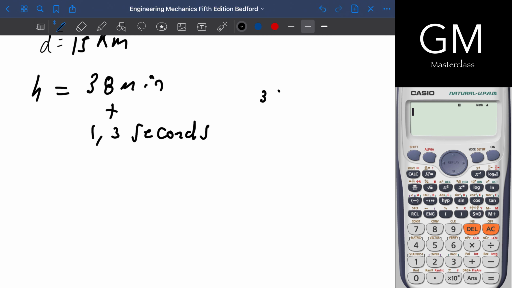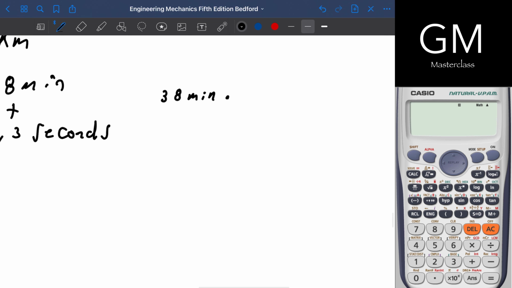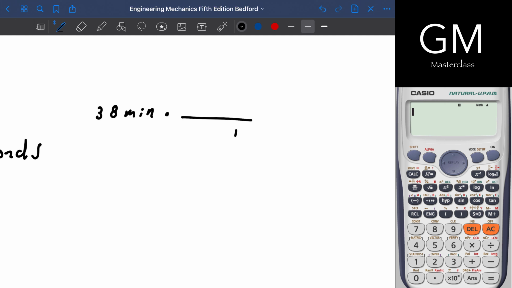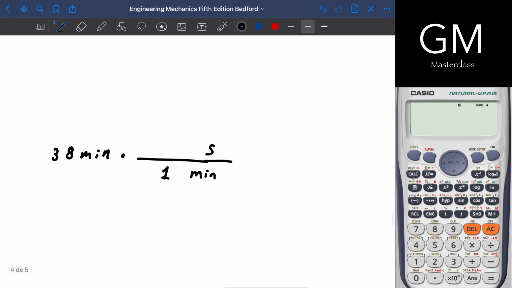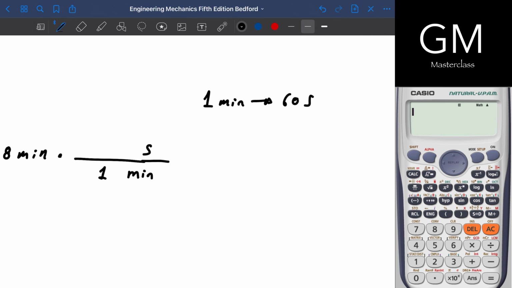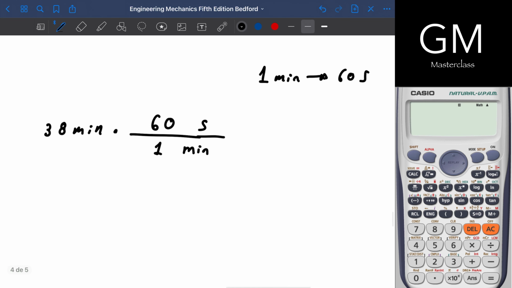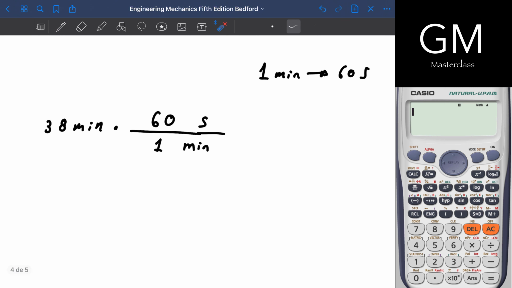So 38 minutes, I'm going to multiply that by doing a division, in which I'm going to eliminate the minutes and transform those into seconds. So I know that 1 minute is equal to 60 seconds. So I just have to write that down here. And then I'm going to eliminate these minutes with these minutes, and the result will be in seconds.